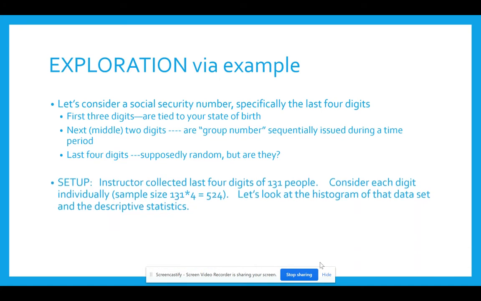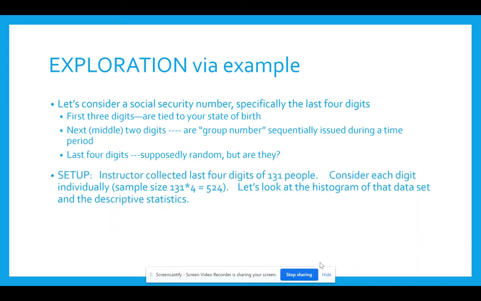So here's the setup. The question is, are the last 4 digits of your Social Security number truly random? Years ago, before we went to using student ID numbers, I had access to Social Security numbers. I determined the last 4 digits for the students that I was teaching at that time, and I sampled 131 students.